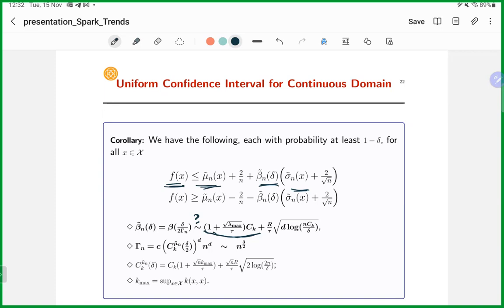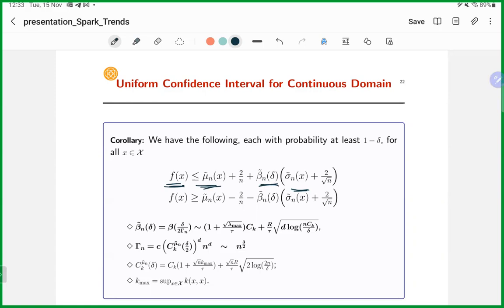And again, there are so many mathematical details. I don't expect someone to remember or understand these at one look, but I just thought to keep them here to show what is involved. So basically, we have this sparse approximate prediction and sparse approximate standard deviation.